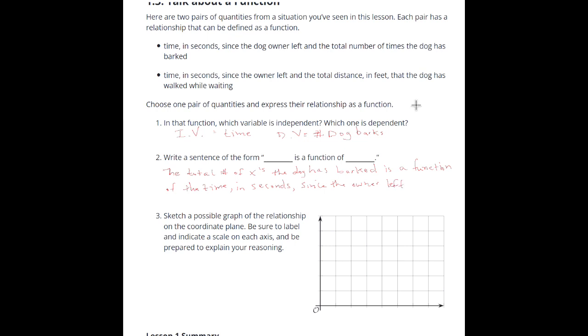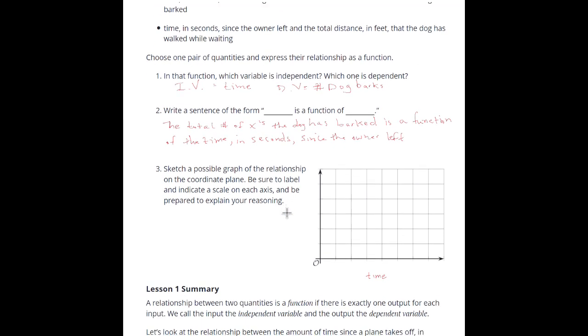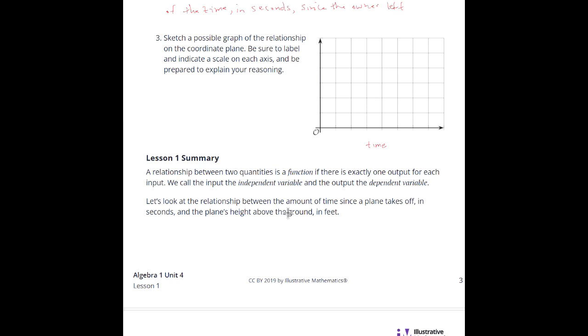Okay, sketch a possible graph of the relationship. So we're going to have our time, remember that's going to be our independent variable. Our dependent variable is the number of barks, and then the time in seconds.